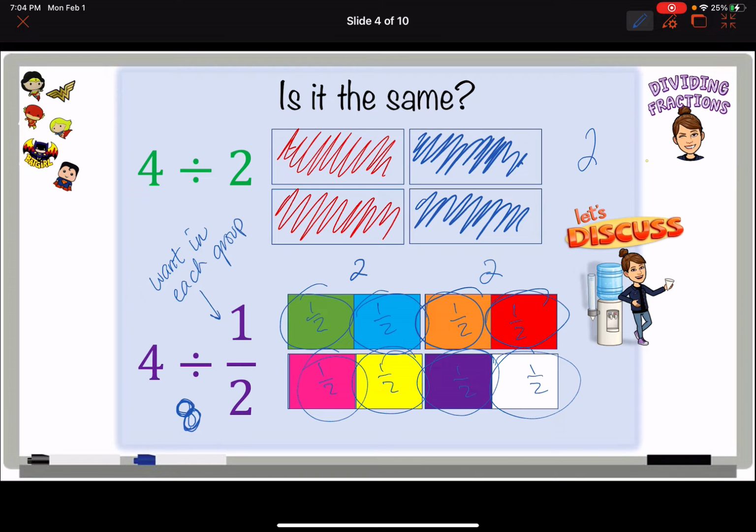So 4 divided by 2 and 4 divided by half don't mean the same thing. This is where the wording in math really comes into play. We have to be really careful with what we say, because what you say makes a big difference in what you have to do to solve.